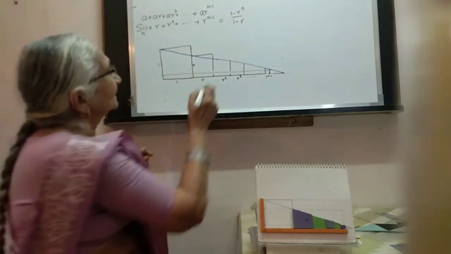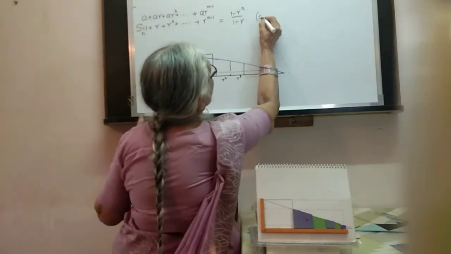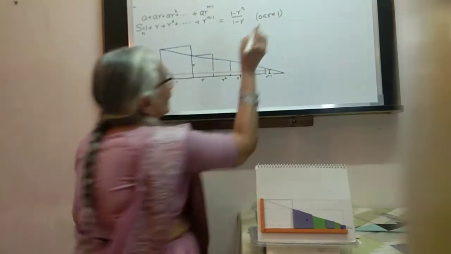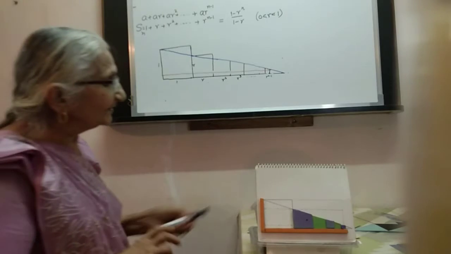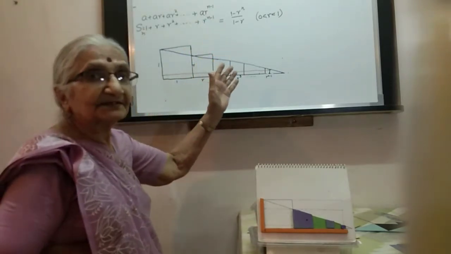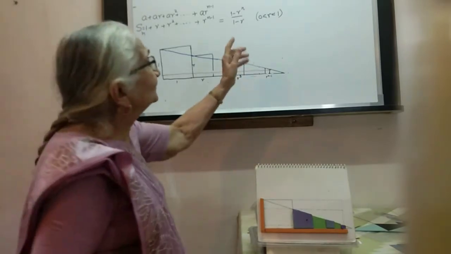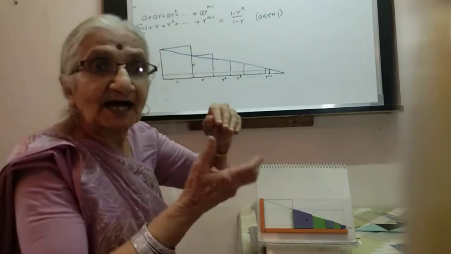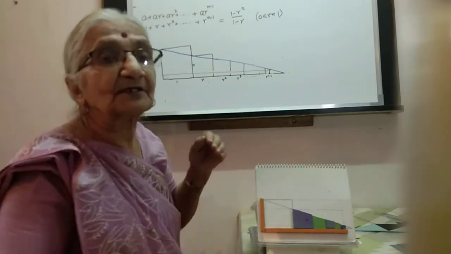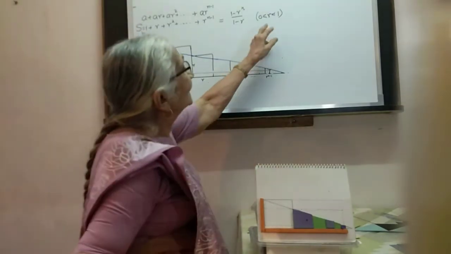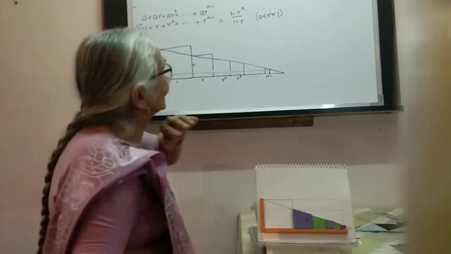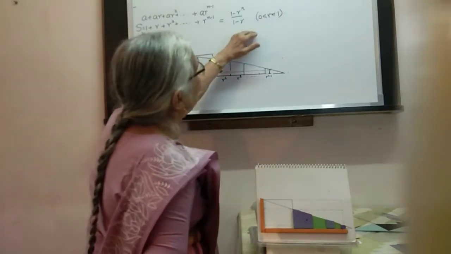We are interested, therefore, in r being between 0 and 1, and we note that when r is between 0 and 1 and you take the powers, say r is 1/2, then r square is 1/4, r cube is 1/8, it will get smaller and smaller. So since r is less than 1, when you increase the power, the number will get smaller and smaller. Okay, that much with the formula.